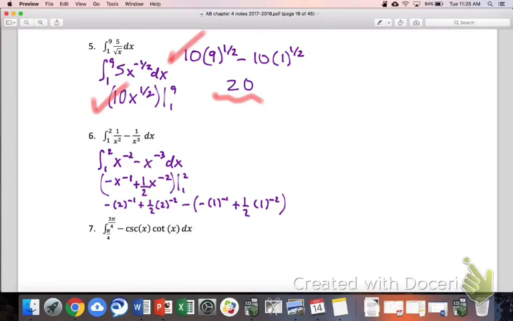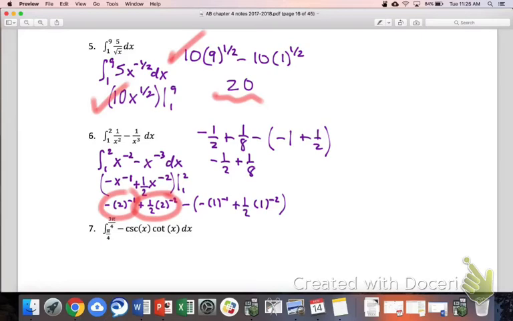Coming back up here, I would say this is negative 1/2 plus 1/8. I'm getting that from this and this, minus negative 1 plus 1/2. So it would be negative 1/2 plus 1/8 minus negative 1/2. So I'd say that this would add out with this. I think we'd end up with a final answer of 1/8.